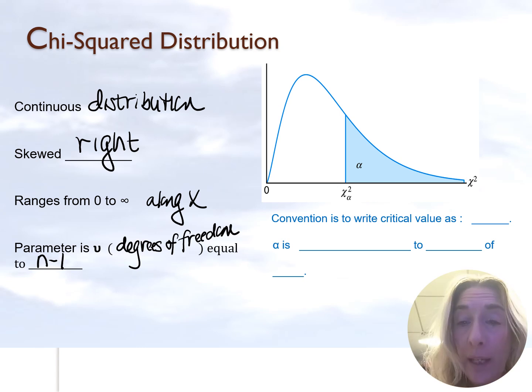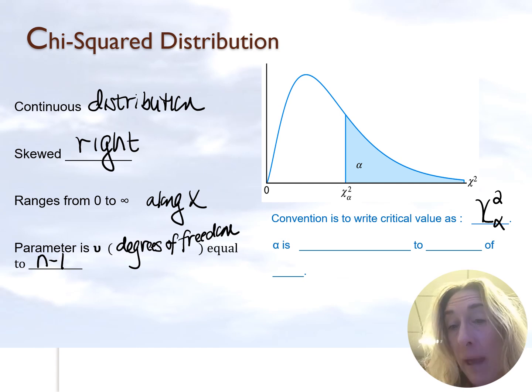The convention is to write the critical value of the chi-square distribution as follows: chi-square sub alpha, which sits along the x-axis.